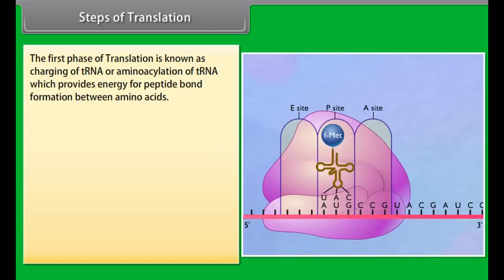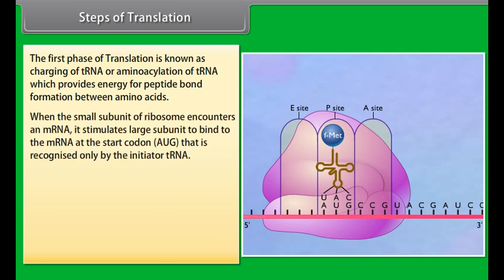Steps of translation. The first phase of translation is known as charging of tRNA or aminoacylation of tRNA, which provides energy for peptide bond formation between amino acids.